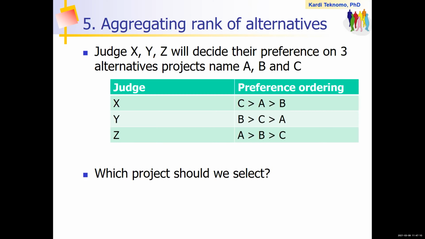Say, name them A, B, C. Judge X says that C is more preferable than A, and A is more preferable than B. Judge Y will say, no, B is better than C, C is better than A. Judge Z will say, no, A is better than B, B is better than C. Now, based on these 3 judges, based on the preference ordering, my question is, which project should you select, A, B, or C?